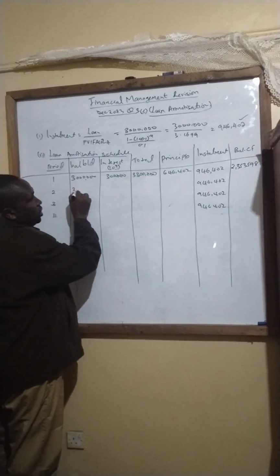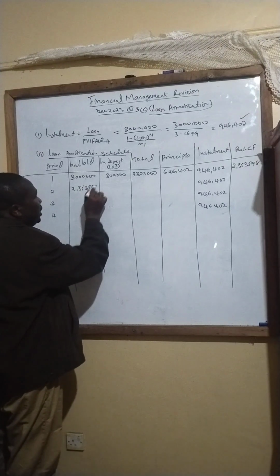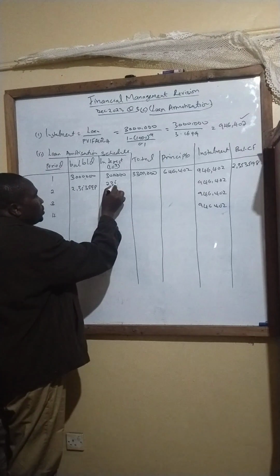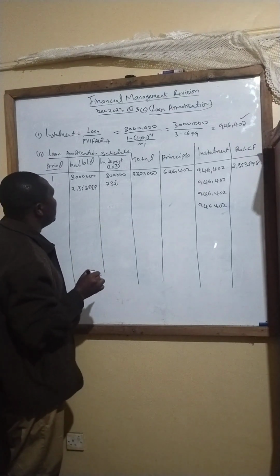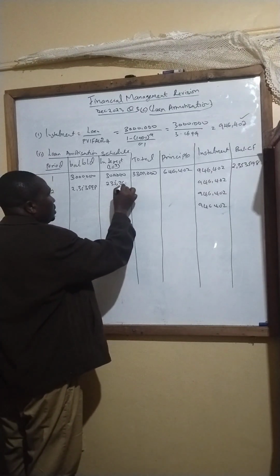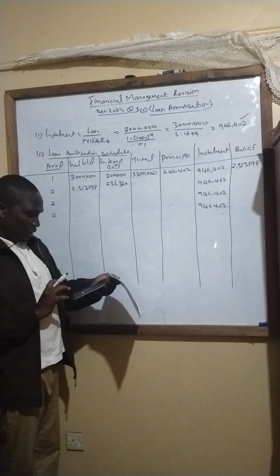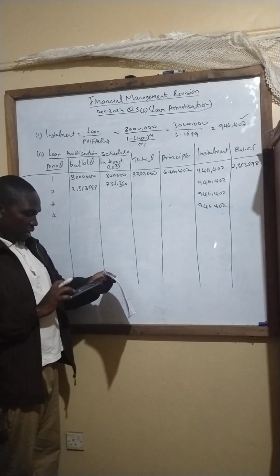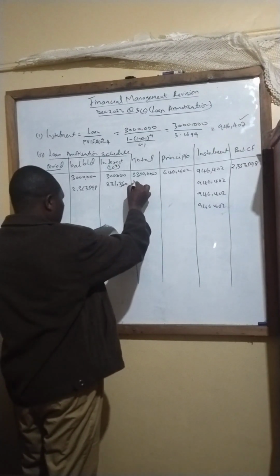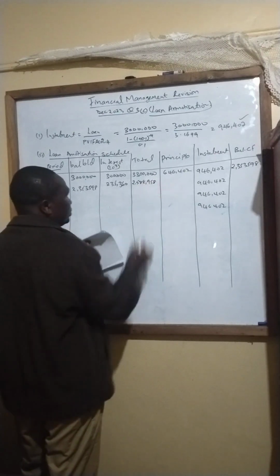So here will be 2,353,598. So 10% of this is 235,360. You add this plus this, what do you get? Your answer here is 2,588,958.